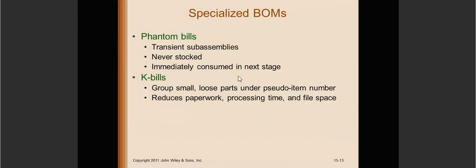There are different types of bill of material. We have phantom bills, K bills, and modular bills. A phantom bill is a transient sub-assembly that is never stored in the stock room; it is immediately consumed in the next stage of the production process.